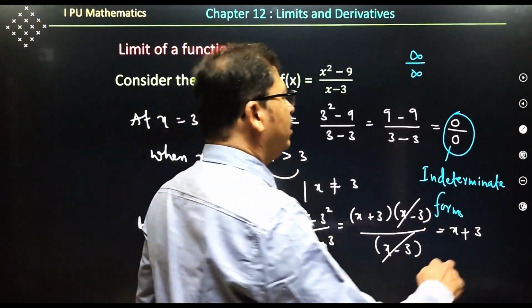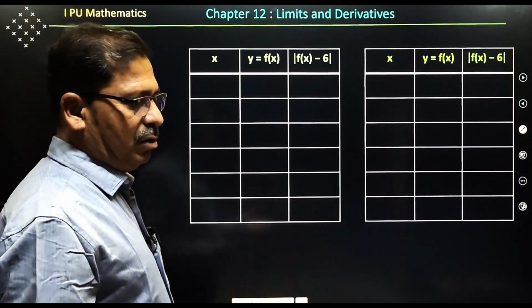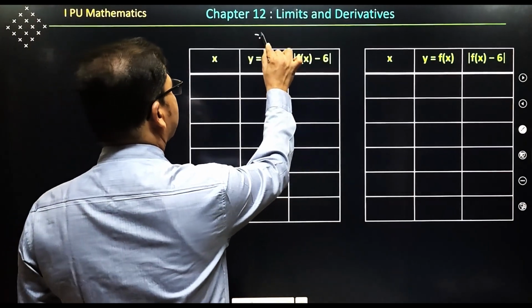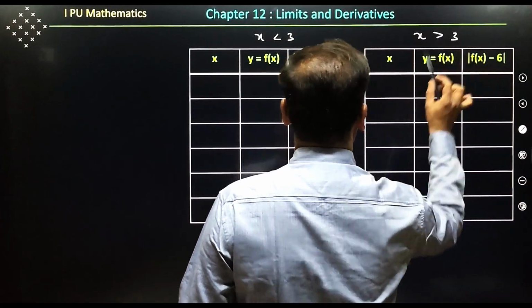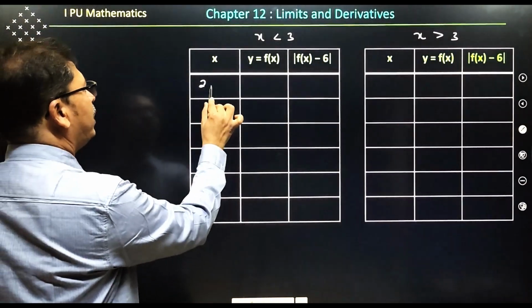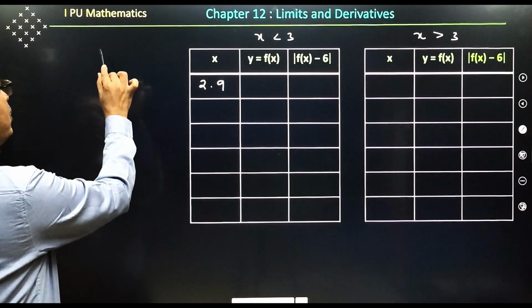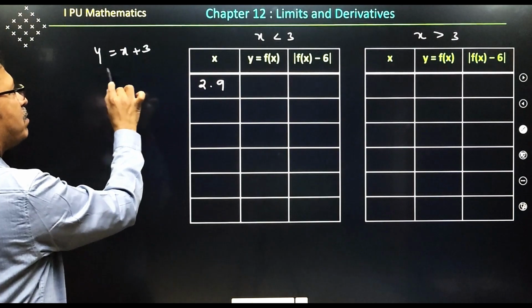Now let me take some values in the neighborhood of 3, that is when x is less than 3 and when x is greater than 3. For x less than 3, I would like to assign, for example, 2.9. So what about y here? Recall f of x or y is x plus 3.